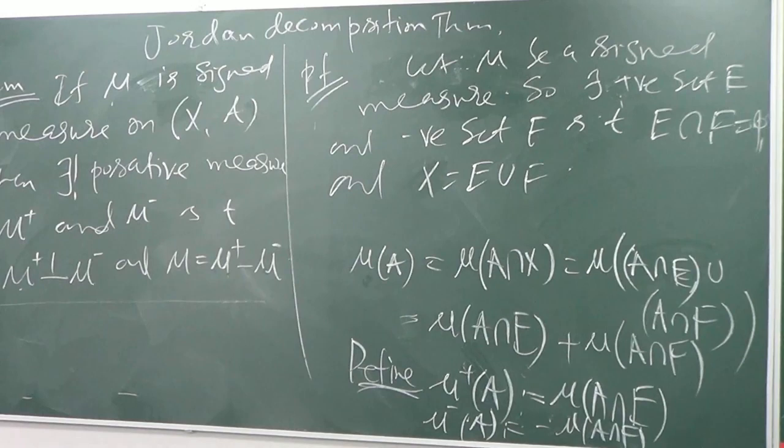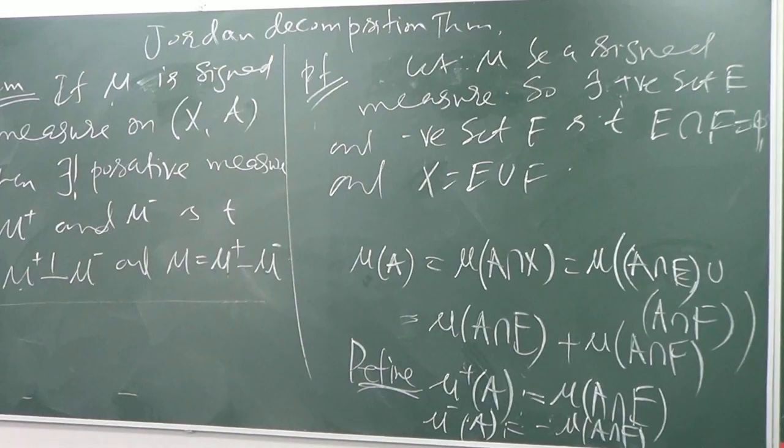Hence F prime is a positive set, positive under mu, in the context of mu. Previously we didn't know that, but now we can decisively say that F prime is a positive set.